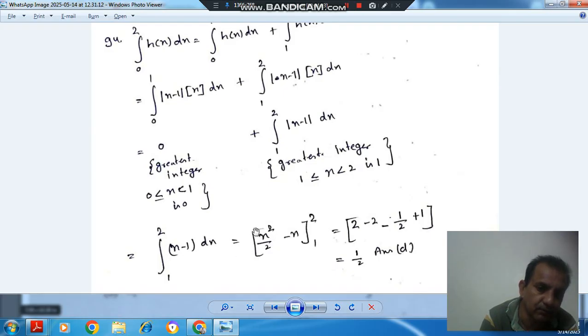That will be equal to x square by 2 minus x, limit 1 to 2. If we first put 2 here, it will be 4 by 2, that is 2, minus 2, and if we put 1 here, it will be minus 1 by 2, and this will be a plus 1. So the answer is 1 by 2.